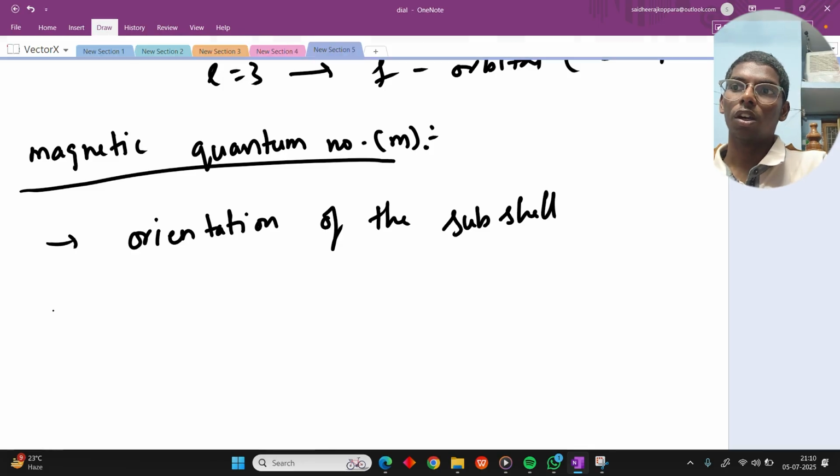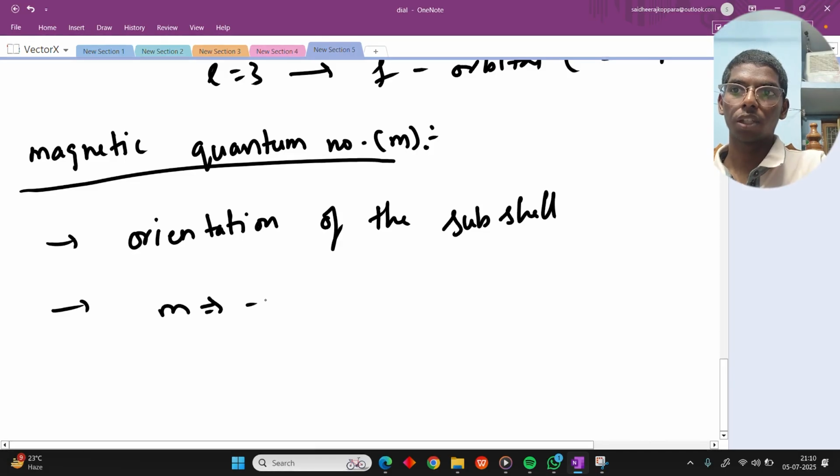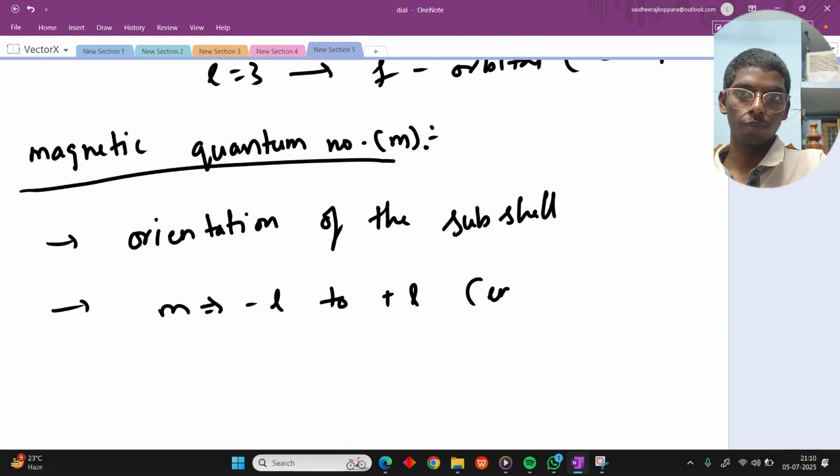Its values range from minus l to plus l, including 0.